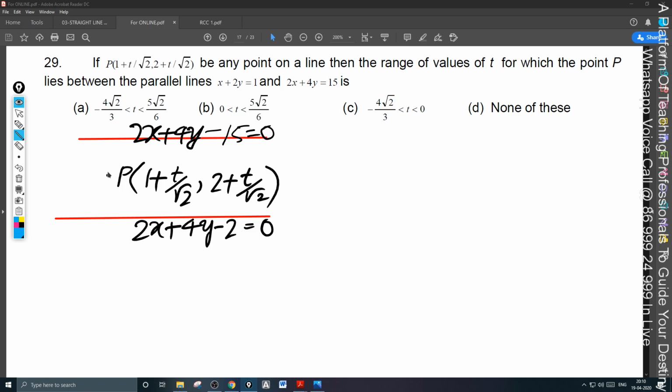This point must lie in between these two. So, for example, I will take a line through P like this.